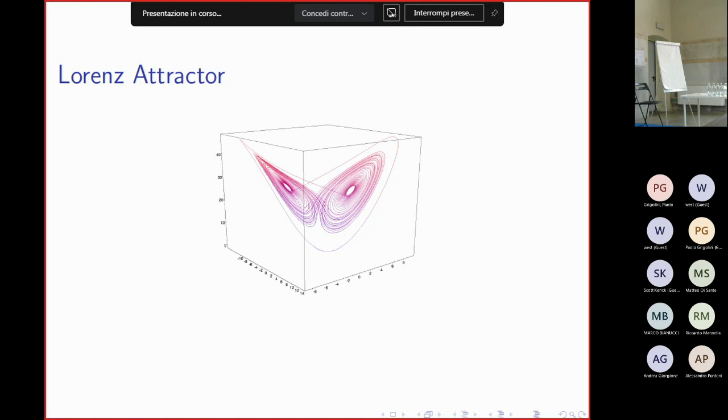Lorenz did this with a computer, an old computer in the 50s, I think, last century. Here the singularity is sitting here, and the orbits go around the singularity with this shape. You cannot predict where they are. Something like this.